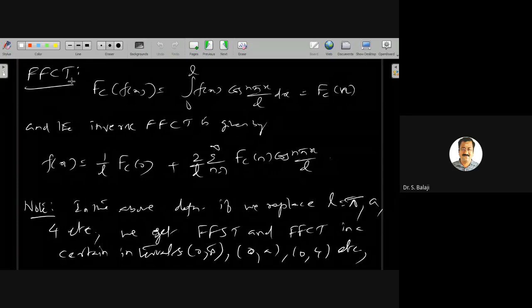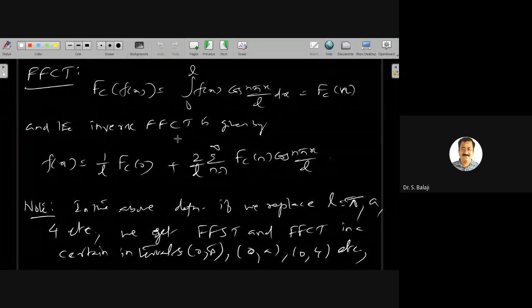So the finite Fourier cosine transform of f of x is equal to the integral from 0 to L of f of x cos(n pi x by L) dx, that is equal to fc of n.